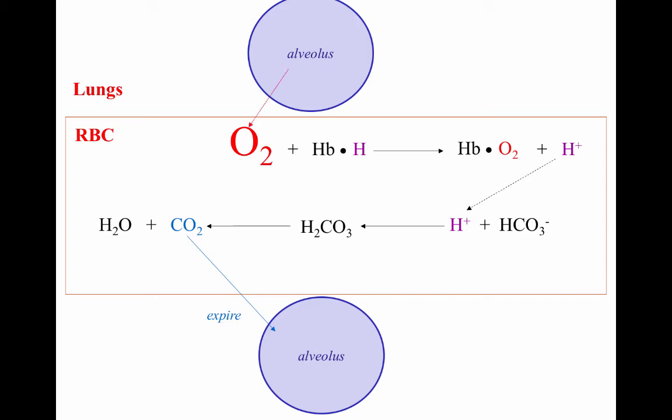When we take a look at this from the cell's perspective, if we're in the tissue, the cell is releasing carbon dioxide to the red blood cells in these capillary beds. There's also water within the red blood cells that combines with carbon dioxide to form carbonic acid, which then dissociates into hydrogen protons and bicarbonate.